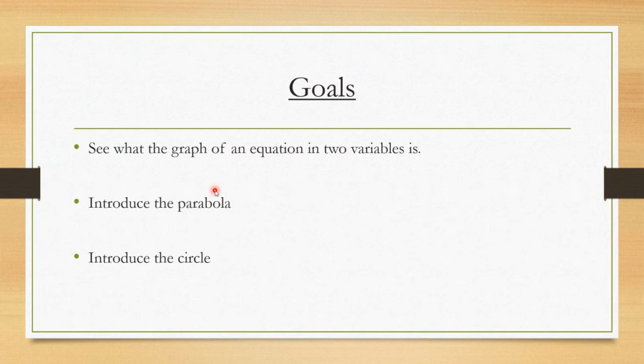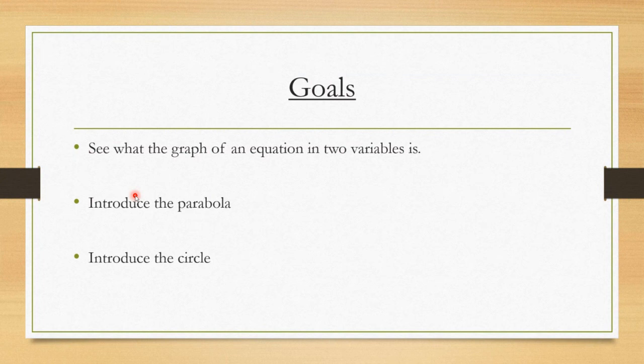In 2.2, what we're going to look at are actually graphs. We're going to see graphs dealing with equations of 2 variables. In other words, you'll see equations like x and y, and you'll see what their graph actually is, what the definition of it is and how to graph it.